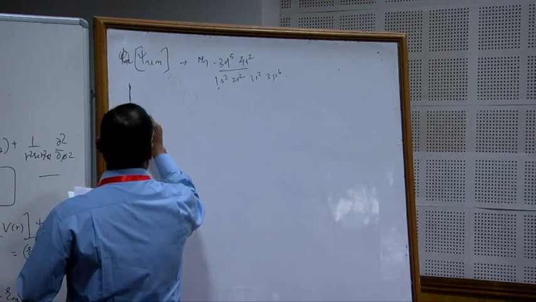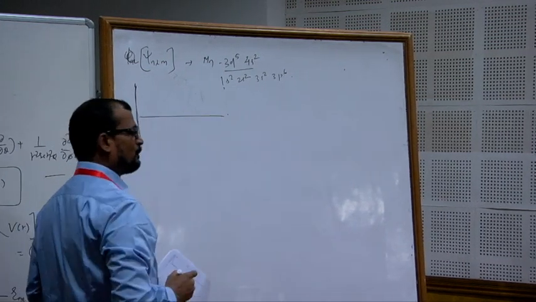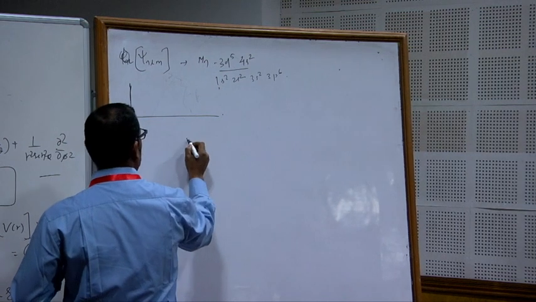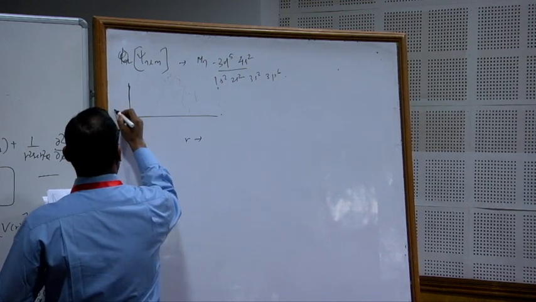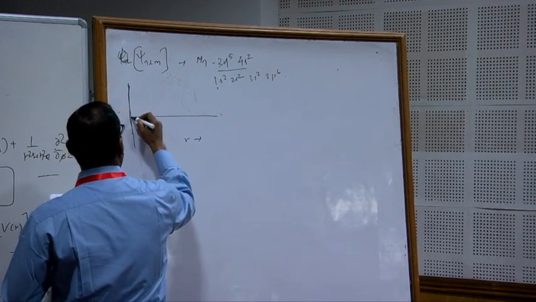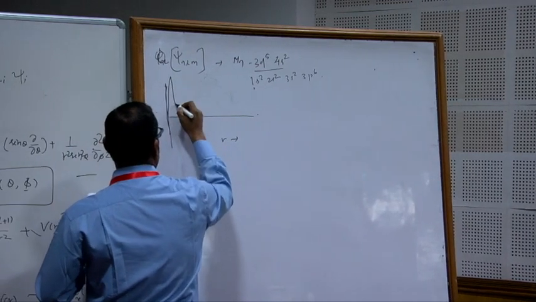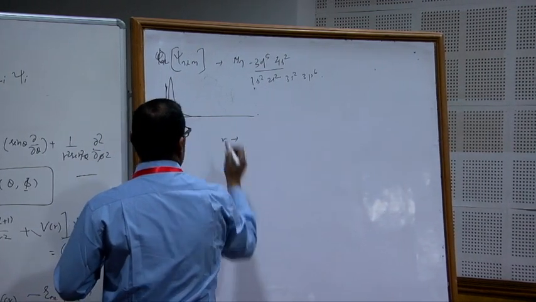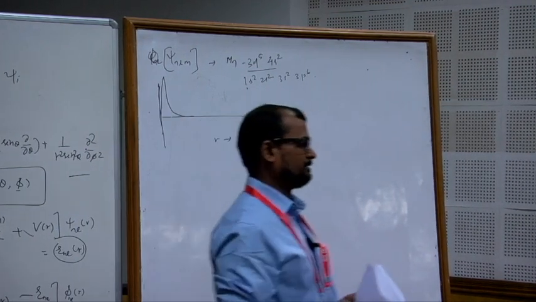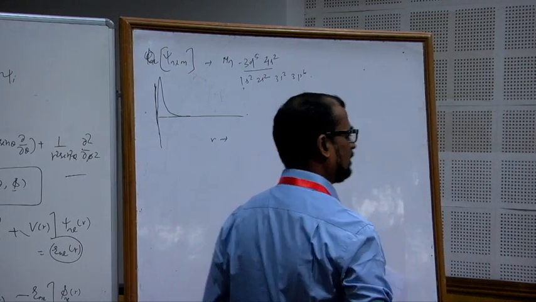If I plot it, I see the following. My 1s, this is my r, this is my wave function. My 1s is very high near the origin and rapidly dies down.